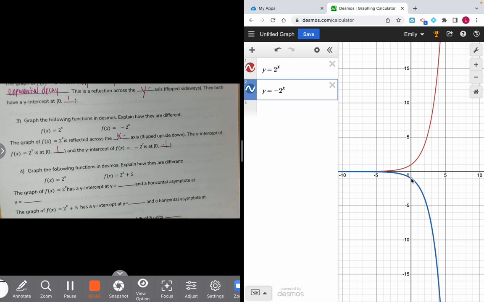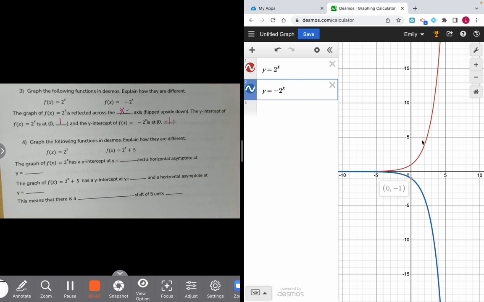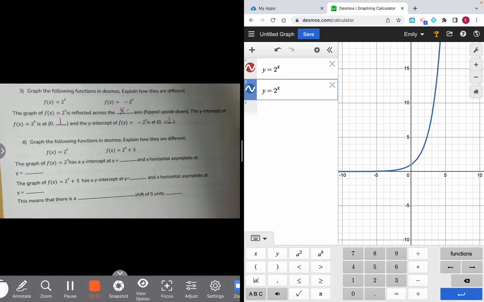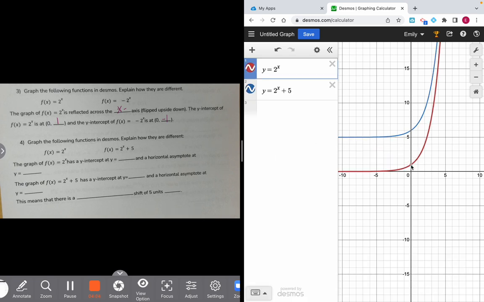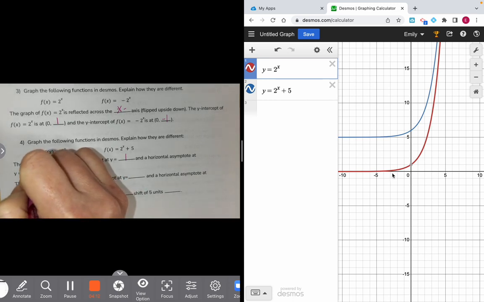We're going to look at another example. This time we have 2 raised to the power of x again, and then 2 raised to the power of x plus 5. You'll notice they go in the same direction and look exactly the same, but the first one, this red one, has a y-intercept at y is equal to 1 and a horizontal asymptote at y is equal to 0.